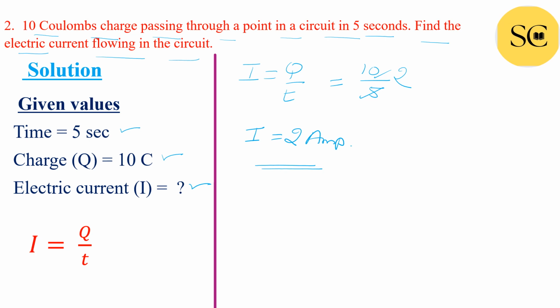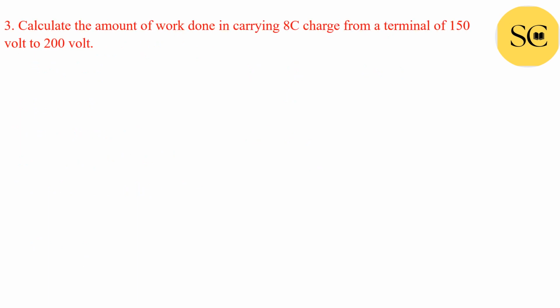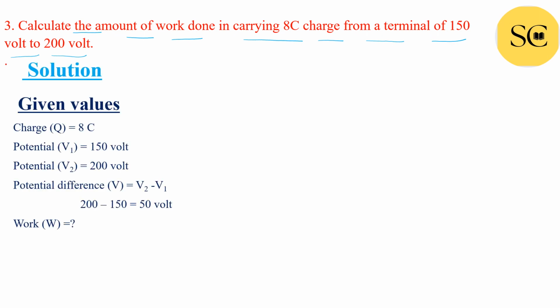Now we will discuss question number 3. Calculate the amount of work done in carrying 8 coulomb charge from a terminal of 150 volt to 200 volt. So first write the values given in the question.